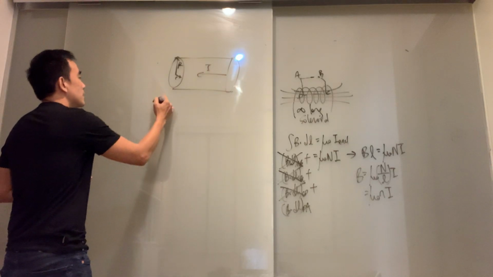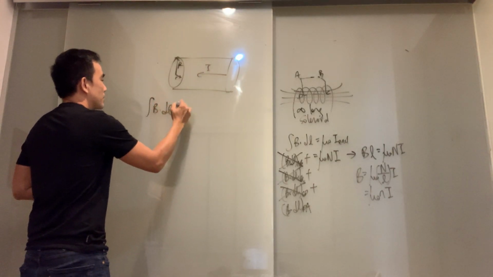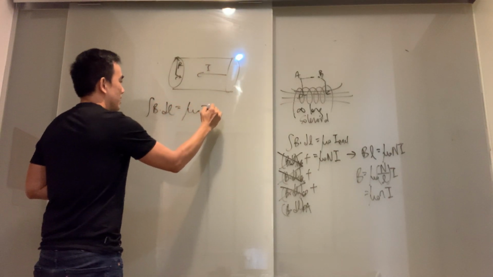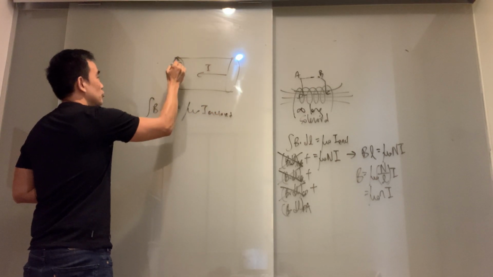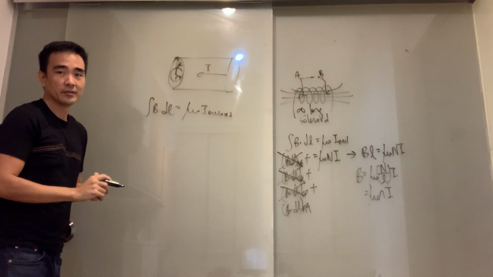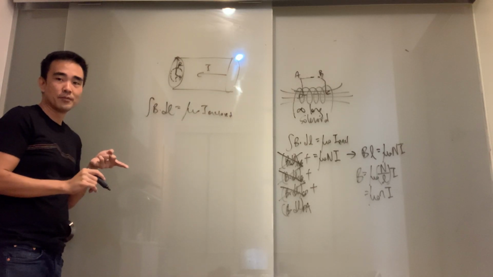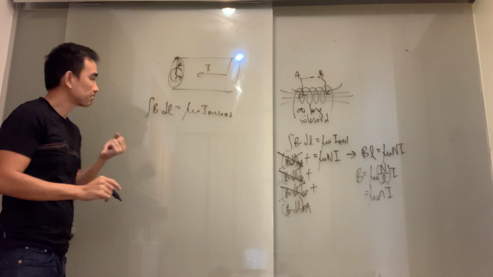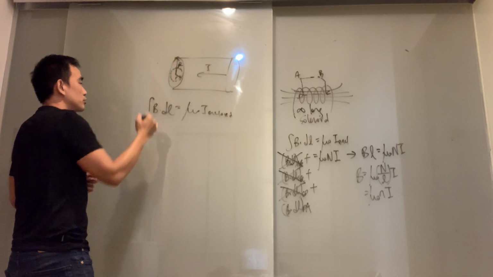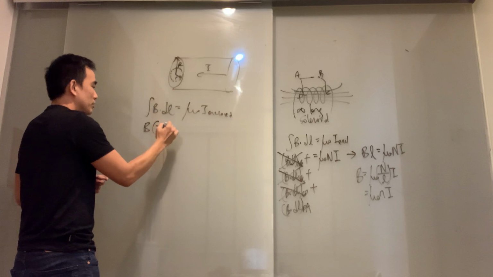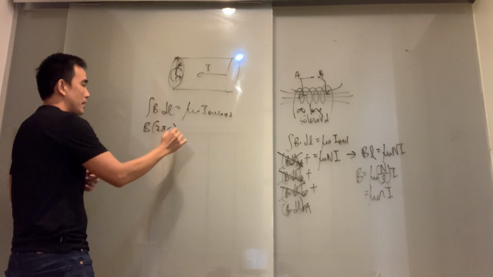Now, first of all, let's quote Ampere's law again, mu naught I enclosed. And let's choose an Ampere loop that passes through the point where you want to find the field. The loop is a circular loop with a radius r. So the field at that point, all those points over there should be constant, so I can bring this out and the integral of dl is just 2 pi r.